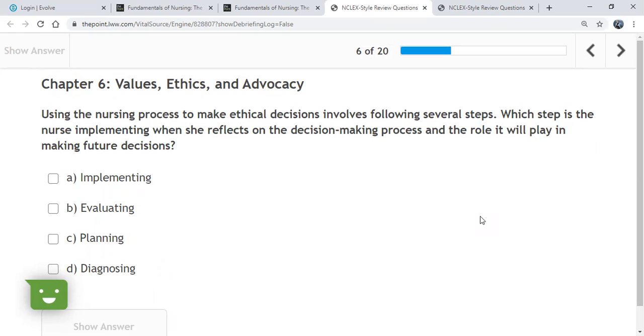Using the nursing process to make ethical decisions involves several steps. Which step is the nurse implementing when she reflects on the decision-making process and the role it will play in future decisions? Evaluating. Planning. Wait.